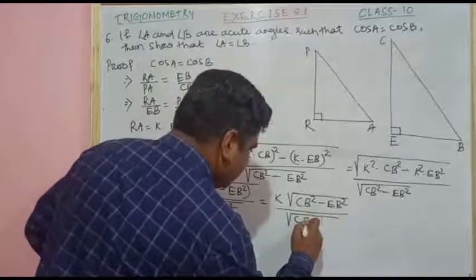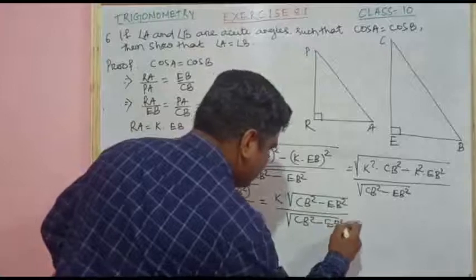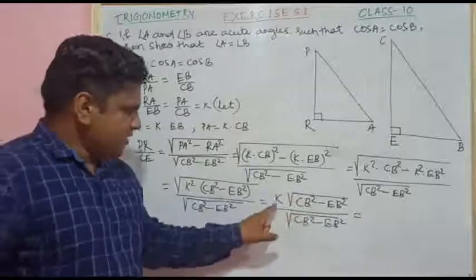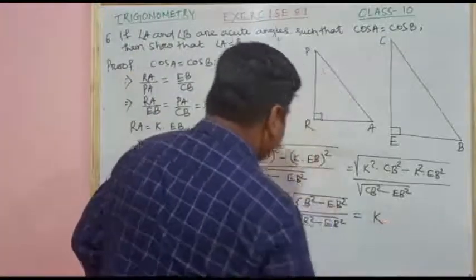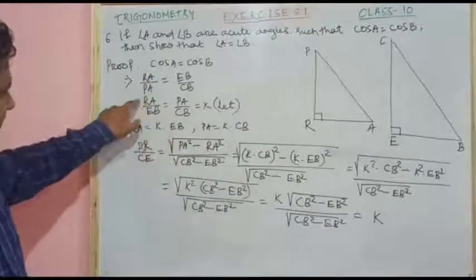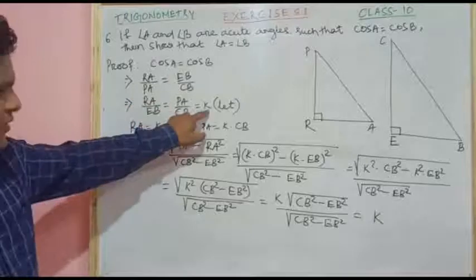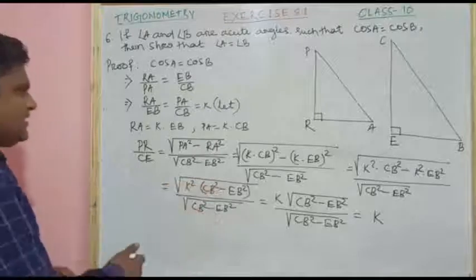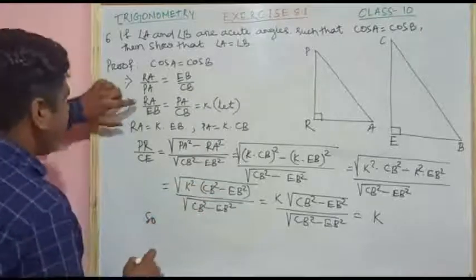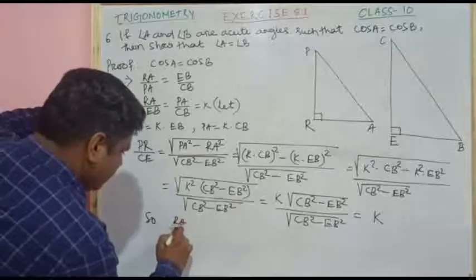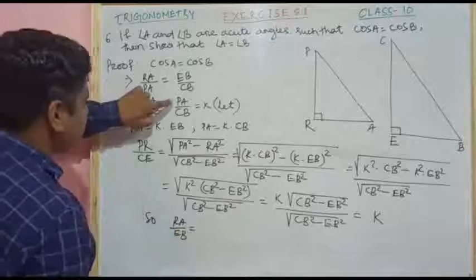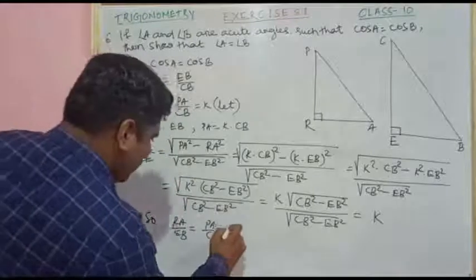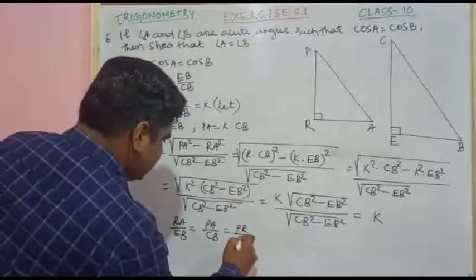Both the parts are equal, so they will cancel. So the remaining is only K. We have taken RA by EB equal to PA by CB equal to K. Now we got PR by CE is also equal to K. So let's write this: RA by EB is equal to PA by CB is equal to PR by CE.